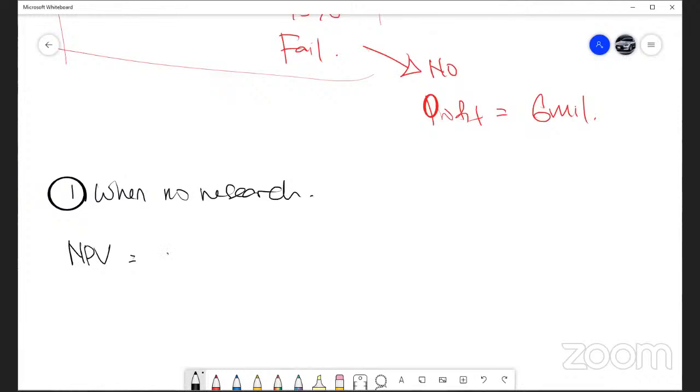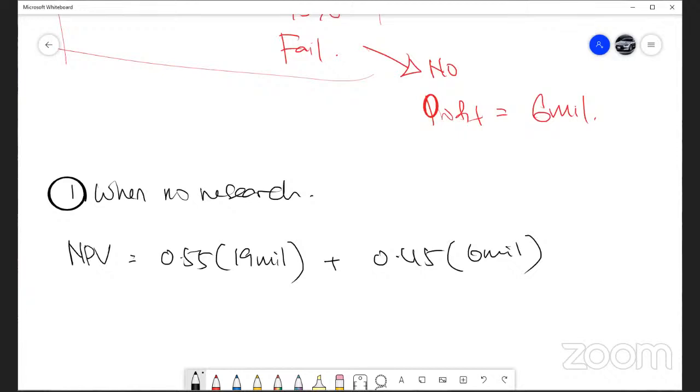There's a 55% chance of you gaining 19 million, and a 45% chance of you gaining only 6 million. So what is the NPV here? 13,150,000.